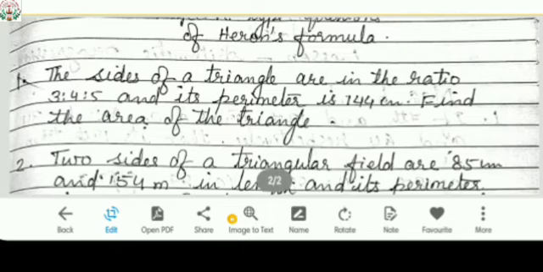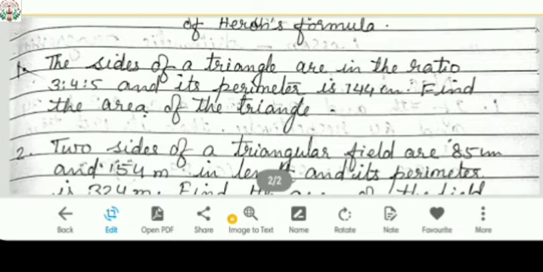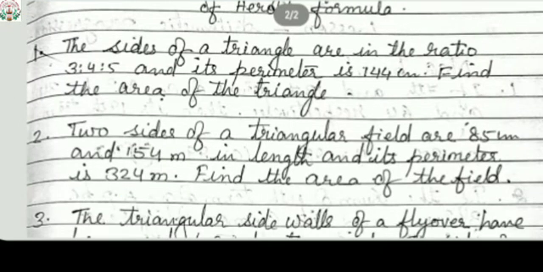Then each side will be 3x, 4x and 5x. So its perimeter is given as 144, that is 3x plus 4x plus 5x equals 144 cm. So you will get the value of x. After getting the value of x, each side we can find, that is 3 into x, that is first side, second side 4 into x, and then third side will be 5 into x.